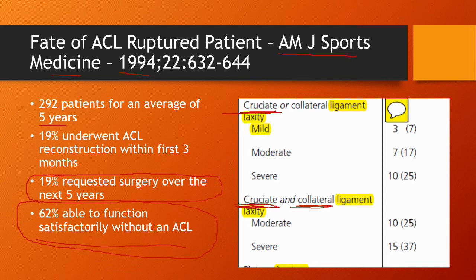So always assess all of the cruciate ligaments and all of the collateral ligaments to provide your examinee with the most accurate permanent impairment rating.